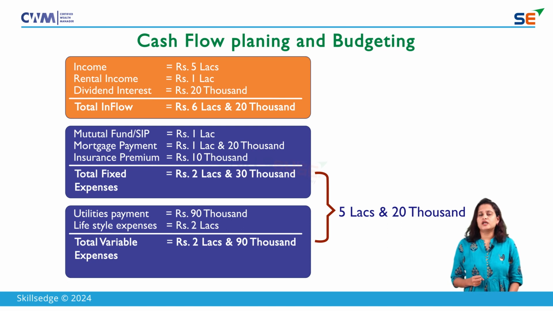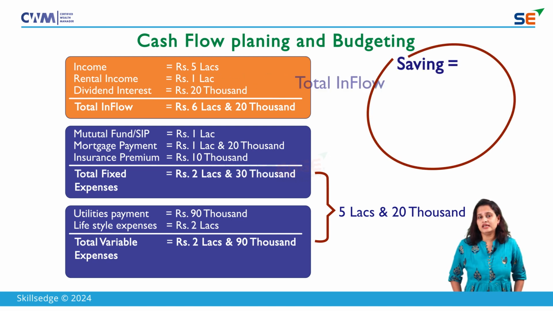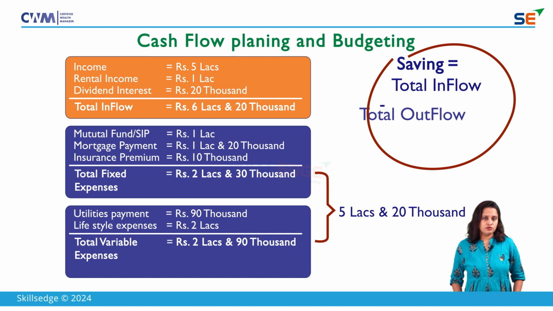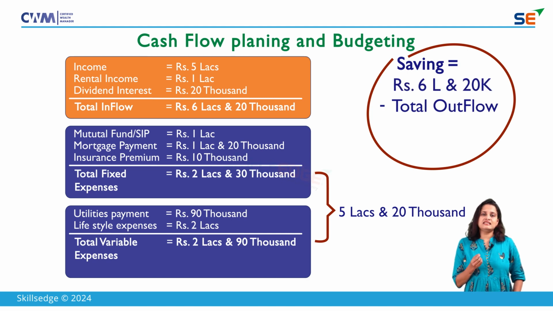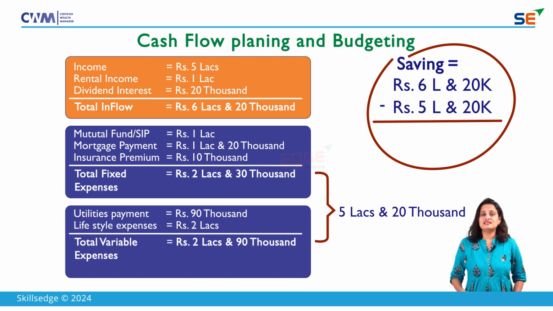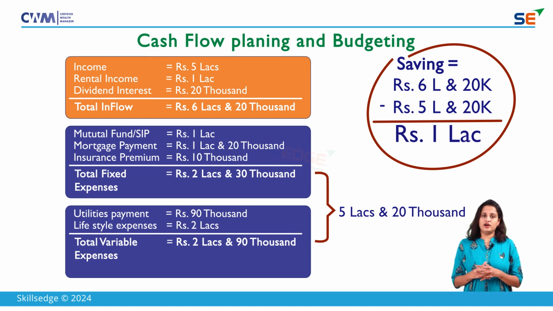Total outflow comes to rupees 5,20,000, which is the total of fixed and variable expenses. Savings is equal to total inflow minus total outflow, which is rupees 6,20,000 minus rupees 5,20,000, which is rupees 1 lakh. This amount of rupees 1 lakh is the net cash flow in hand which the client can save.